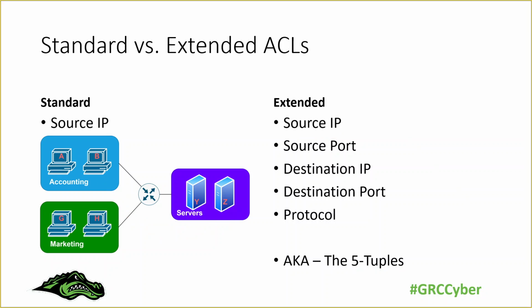As I look at the other options, for instance, I can look at source and destination ports. So I can start defining which applications, such as HTTP versus HTTPS, FTP, SSH, SSL, Telnet, email. I can start identifying applications that I want to permit or deny throughout my environment. And then even protocol.